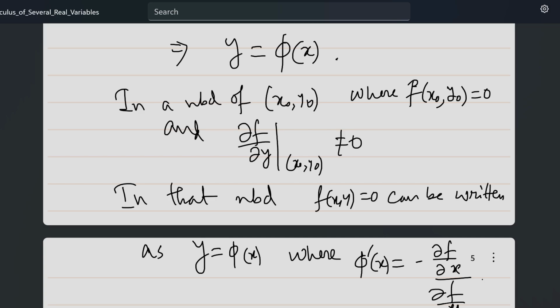Okay. Then what is the directional derivative? Gradient and directional derivative. Gradient I told just last day. So what is the gradient?